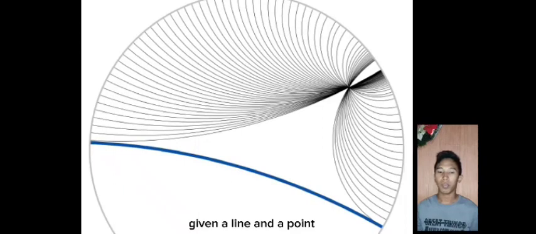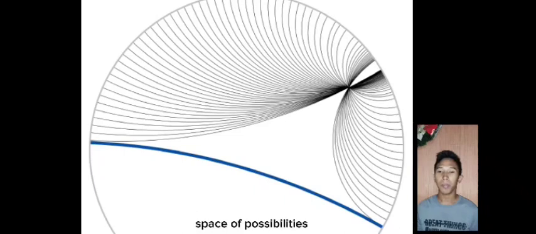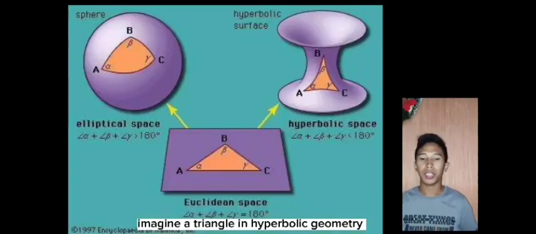Given a line and a point not on it, there can be multiple lines parallel to the original line through that point. It challenges our intuition but opens up a fascinating space of possibilities. Imagine a triangle in hyperbolic geometry.